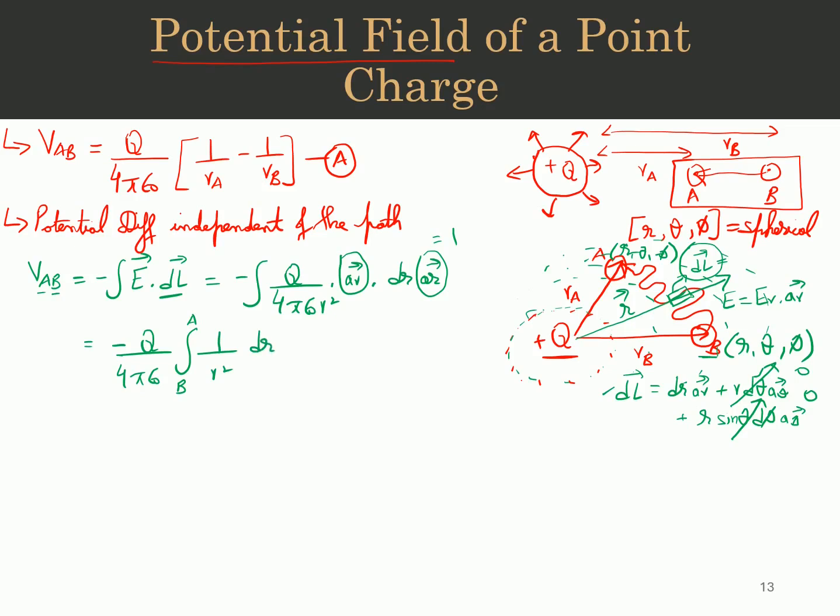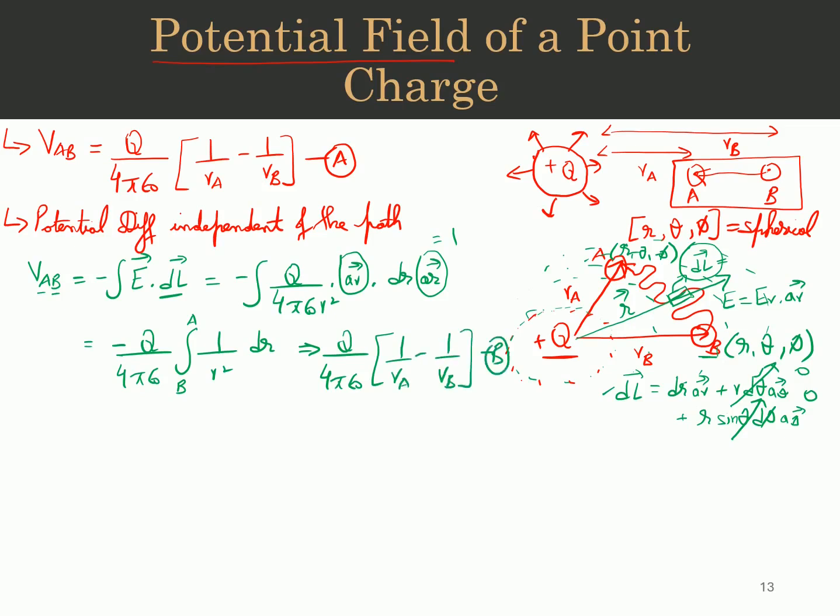And we can see that this equation is similar to the equation we saw in our previous lecture, which means that when we input the values, the final equation comes out to be the same as equation A, that is Q divided by 4 pi epsilon times (1 by RA minus 1 by RB).